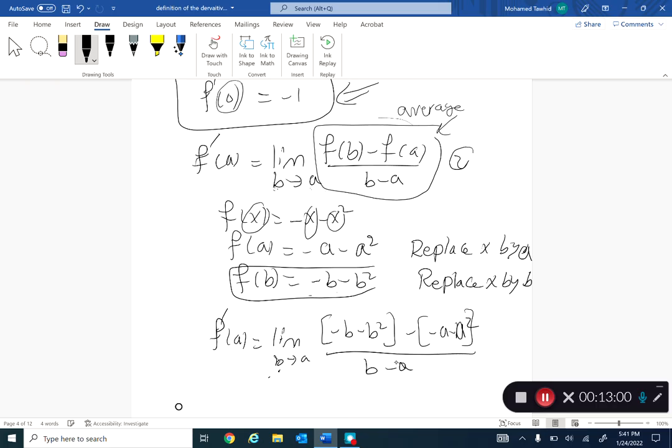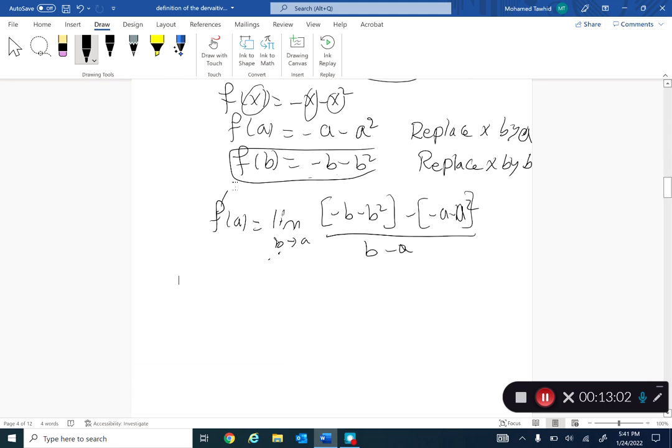All right, let me give you a hint. We mentioned here that b is close to a. So what is b minus a close to? If b is close to a, then you have almost a minus a, which is close to 0. So here we cannot divide by 0. Can we divide by 0?